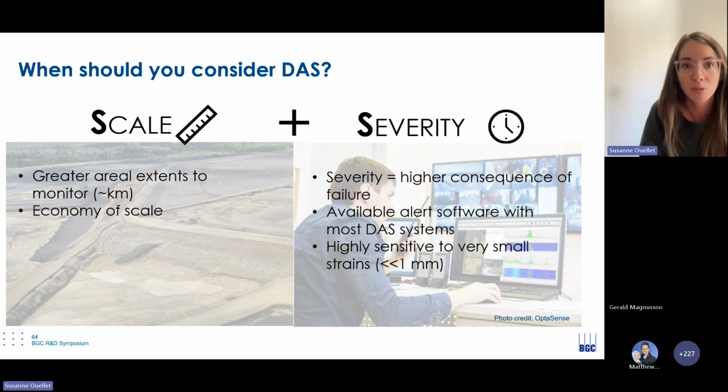So for areas where you're very interested in getting an alert as soon as the event happens, that also makes DAS a good option to consider. And as we saw in that last slide, DAS is highly sensitive to very, very small strains. When we're looking at these inferred displacements much, much smaller than 1 millimeter, we can still make out these changes using DAS, which is quite nice.